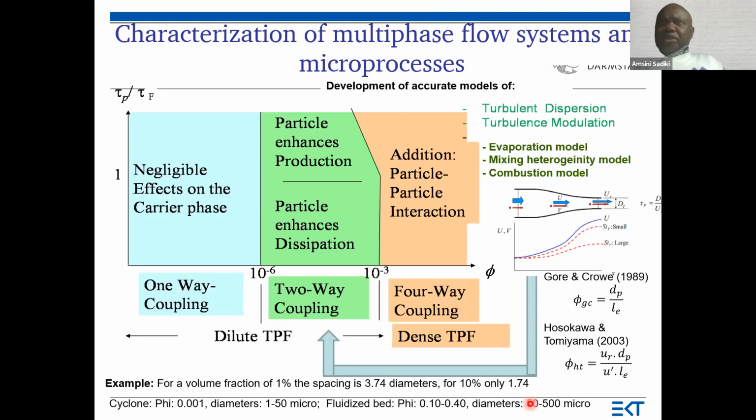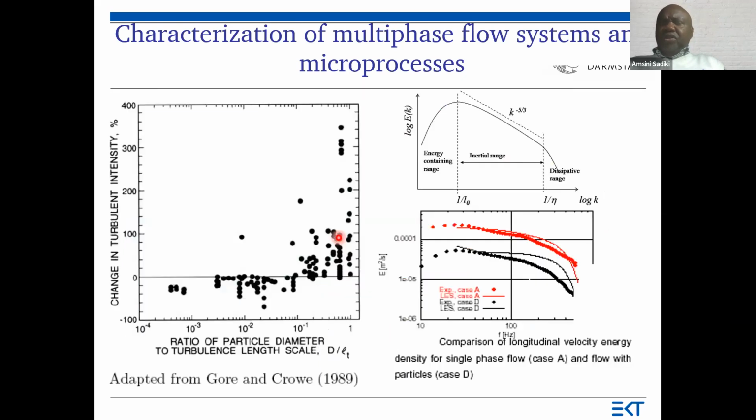So we have spoken about these predictions, these processes. If the particles are larger, there is production of turbulence. If particles are small with respect to the structure, to the length scale of the fluid, we have dissipation of turbulence, and this has also been observed experimentally by Gore and Crowe in 1989, excuse me.